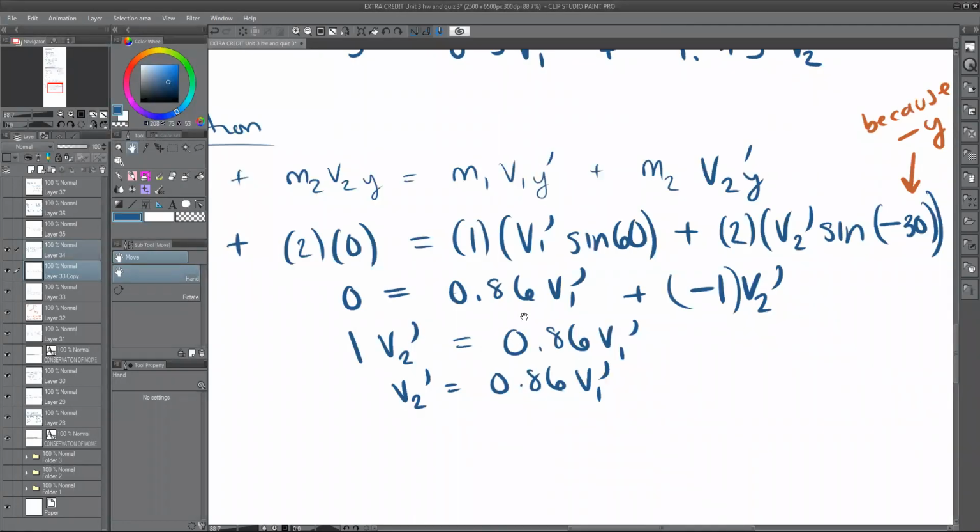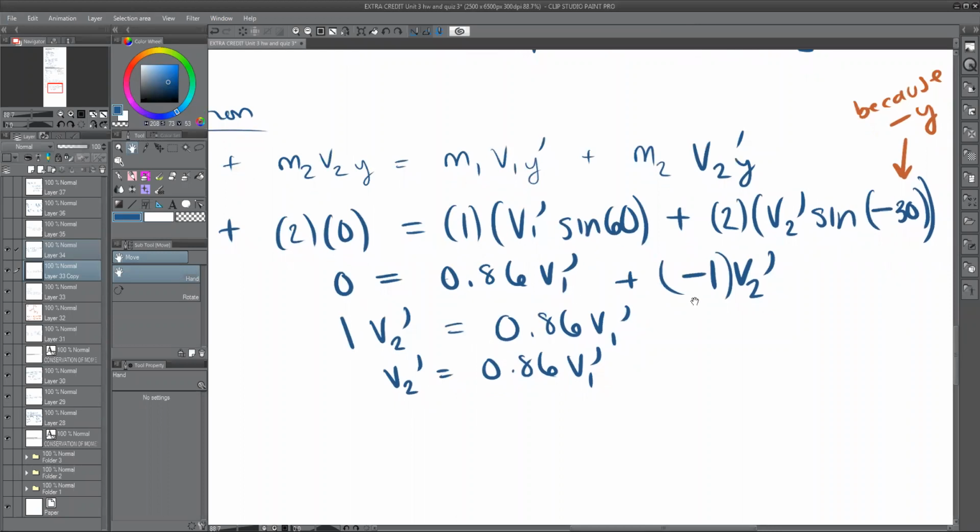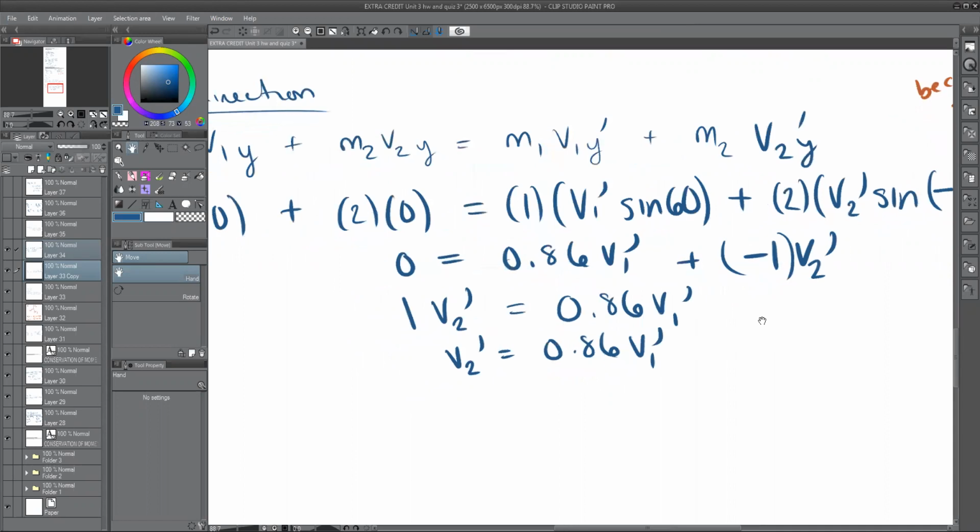So the final velocities are going to be 0.86 V1 final plus -1 V2 final. And using some pretty simple algebra, we can conclude that V2 final is equal to 0.86 of V1 final.